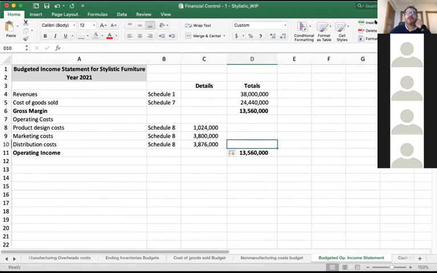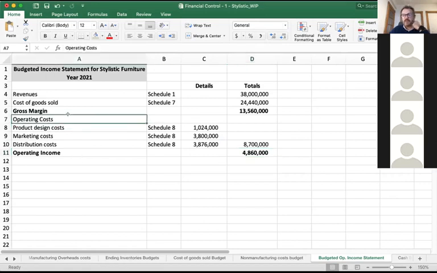And what I did here is that I summed the three of them. This is how I presented it. Operating cost. Okay, so we got 4.8 million, 4.86 million.